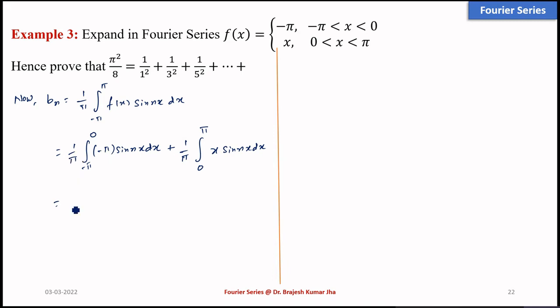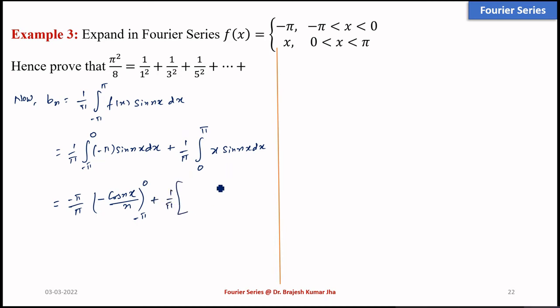Again, minus pi and pi, that we can take as minus pi upon pi. Integration of sine nx is minus of cos nx by n, and the limit will be minus pi to 0, plus 1 upon pi.